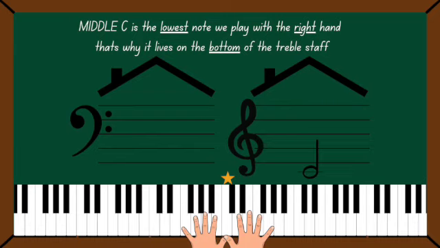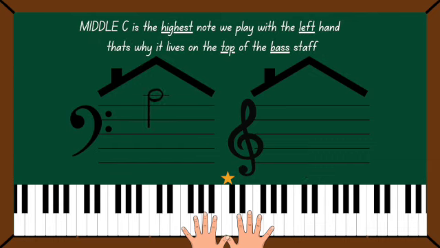This is because middle C is the lowest note we play with our right hand, and that's why it is on the bottom of the treble staff. Middle C is the highest note that we play with our left hand, and that's why it lives on the top of the bass staff.